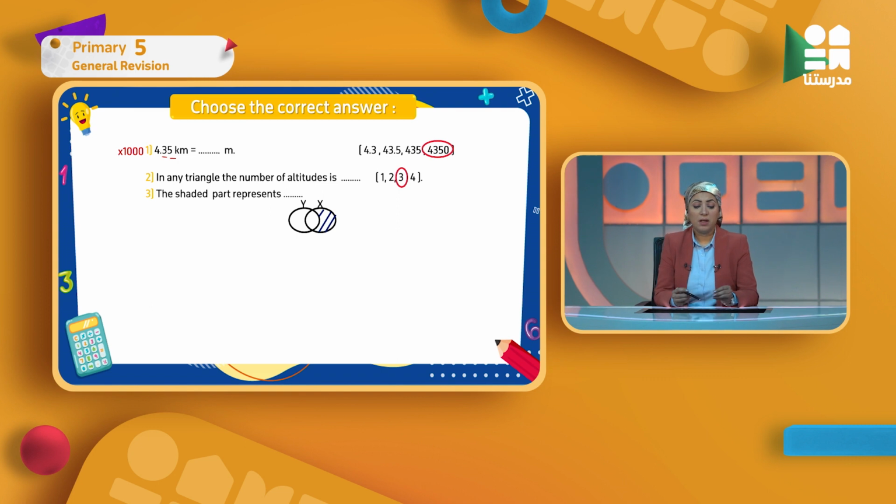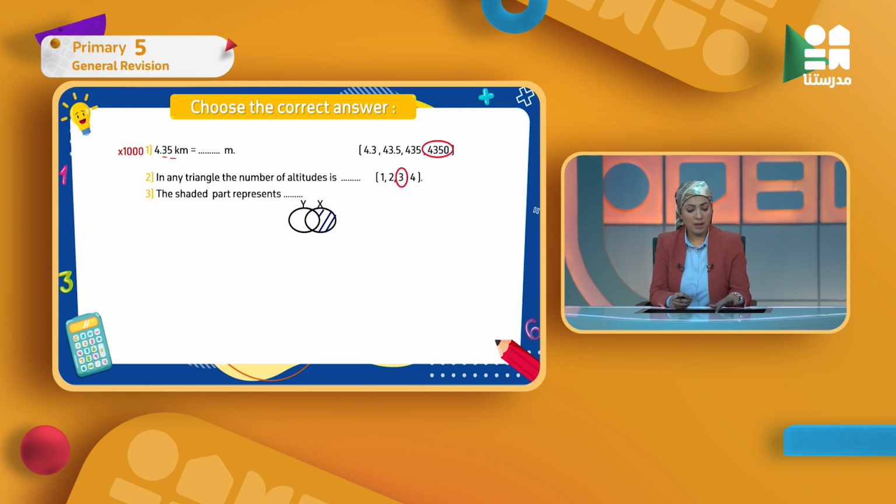So here, if you look at this part, you will find that the shaded part is covering a part of the set x, but it ignores the part of the set x which is in y. The shaded part covers a part of set x but not all of it. The part that was common between y and x, the shaded part doesn't cover.